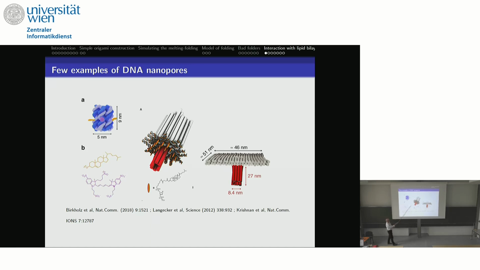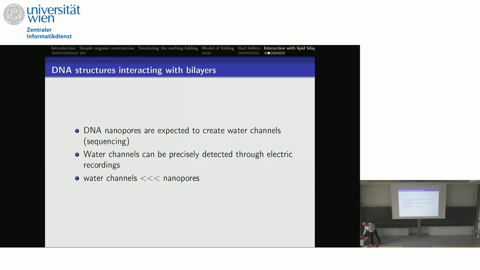I guess that the first structure investigated was this one. What you can see in these structures is the presence of a cylindrical part, which I'm going to call a pore.